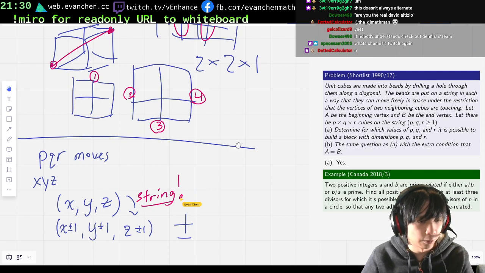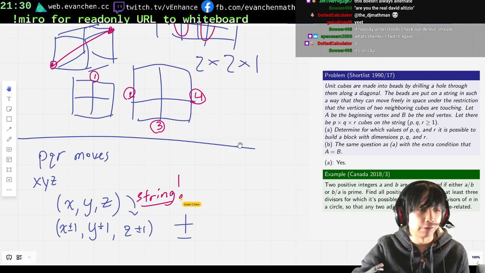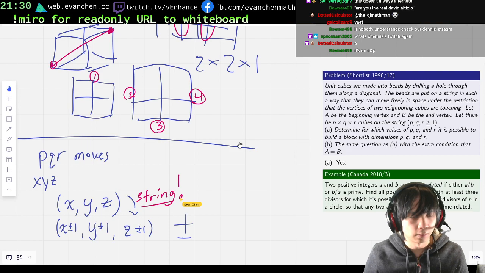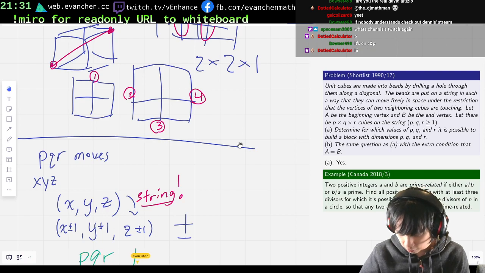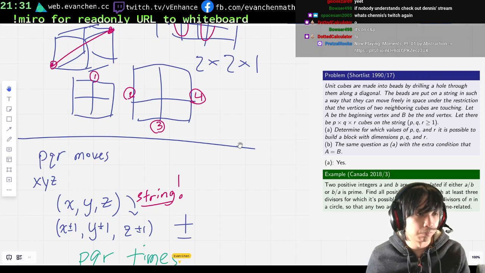This is not by cubes. I'm actually looking at the string. Like the string goes a distance of square root 3 every time. And you need, but also the string passes through cubes PQR times. So for parity reasons, it will just not work if the PQR is odd.